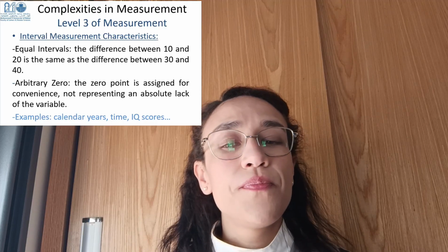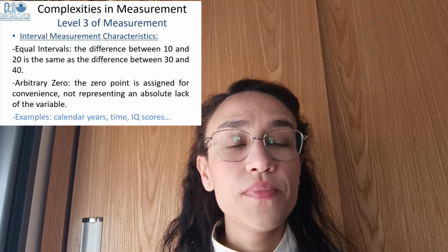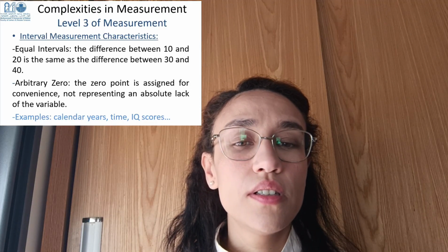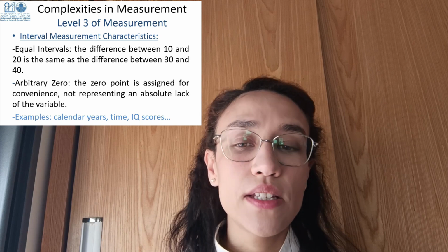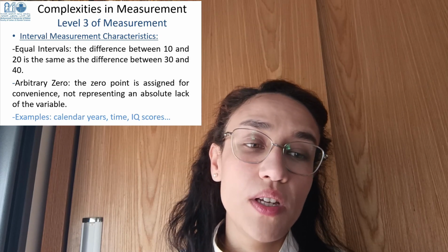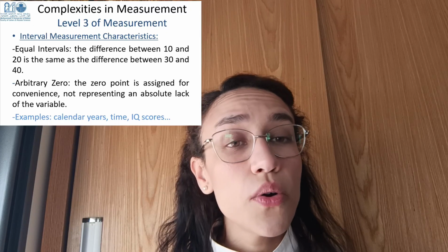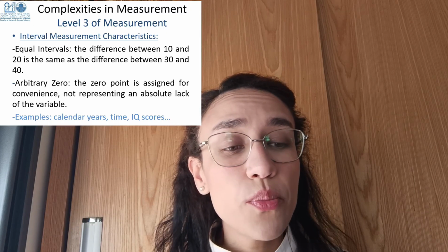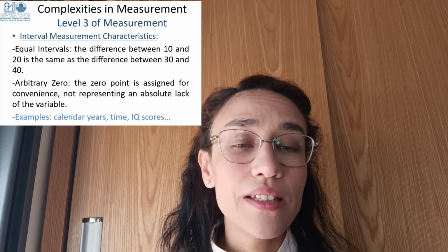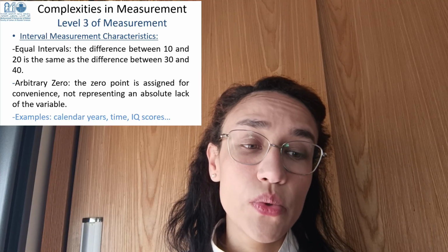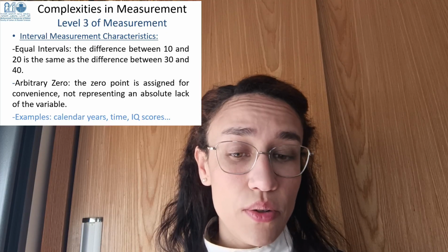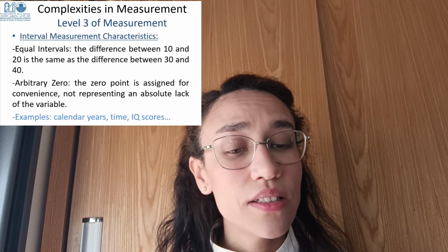Moving to characteristics of interval measurements, equal intervals, the difference between 10 and 20 is the same as the difference between 30 and 40. The zero is arbitrary. The 0 point is assigned for convenience and it does not represent an absolute lack of the variable. Examples include calendar years and IQ scores.